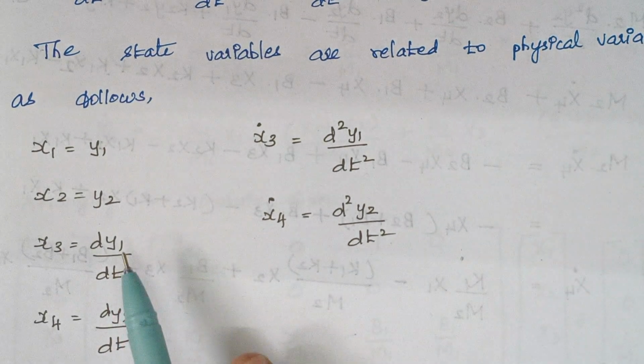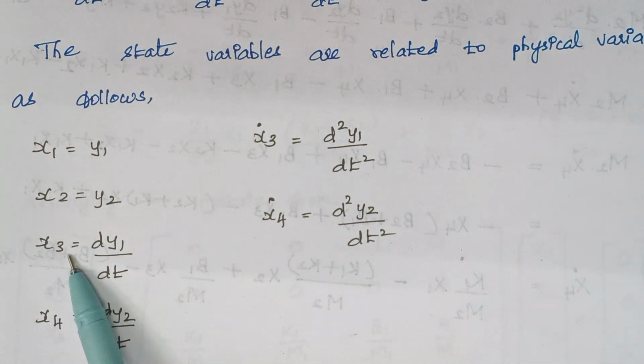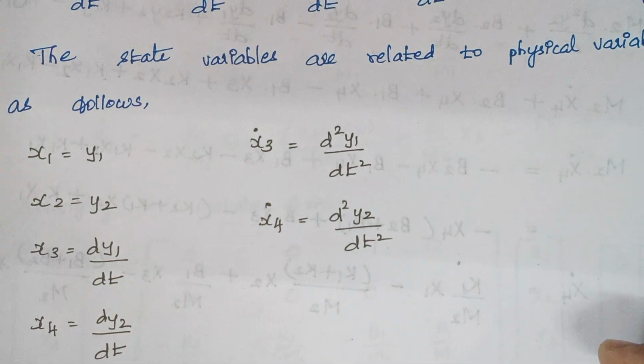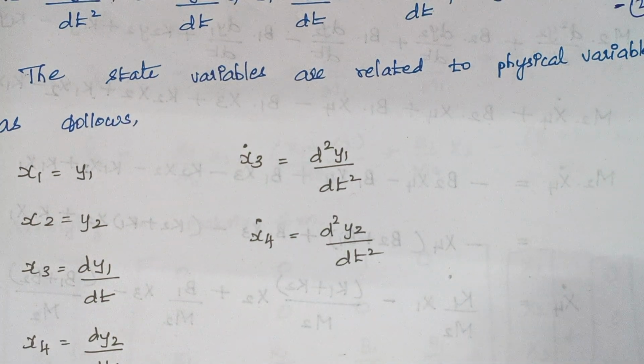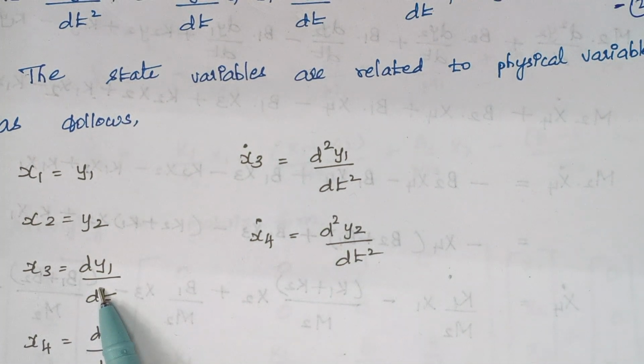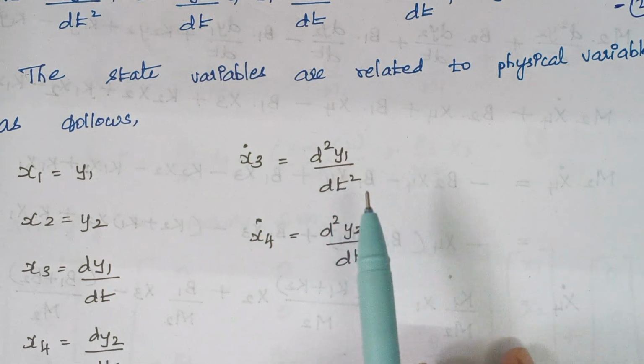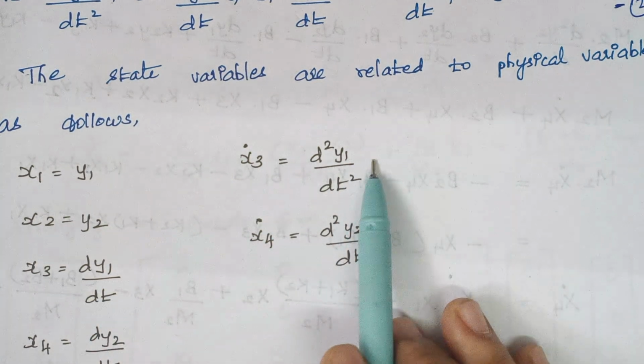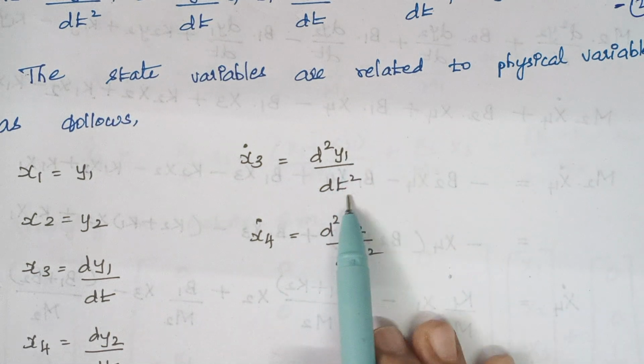So dy1/dt we take as x3, and dy2/dt we take as x4. There is also a double differentiation: when you differentiate this term again, we have d square y1 by dt square.